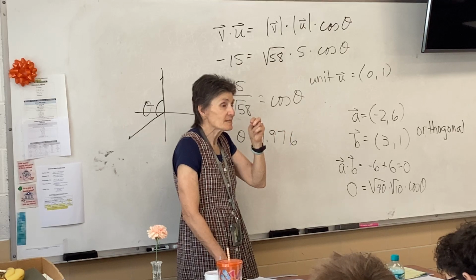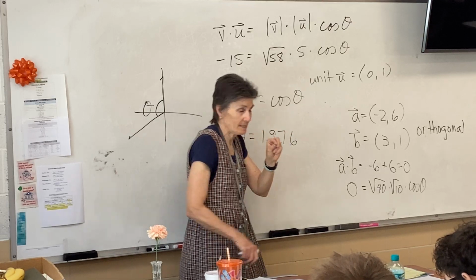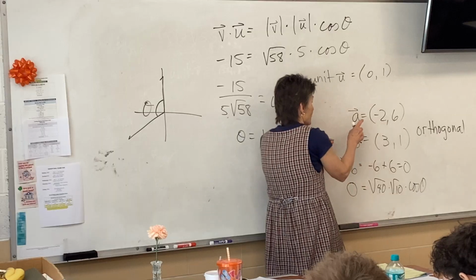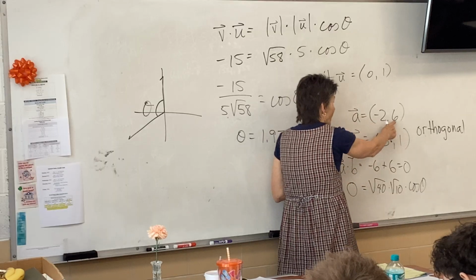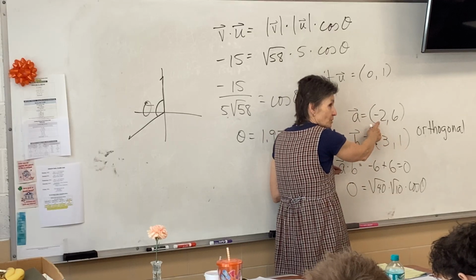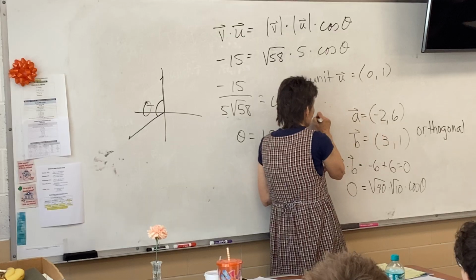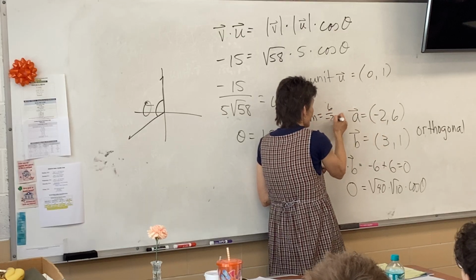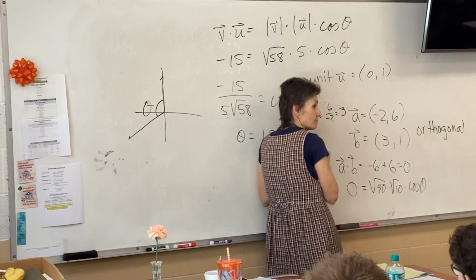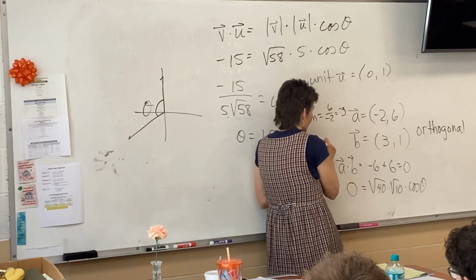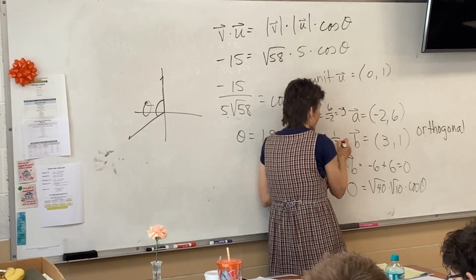Now, this jives perfectly if you think about it. This vector goes up 6 and left 2. So its slope is -3. What does this one do? It goes up 1 and over 3.